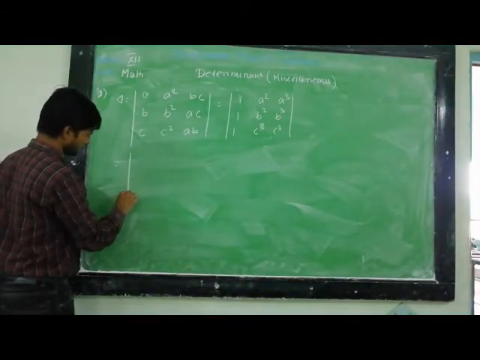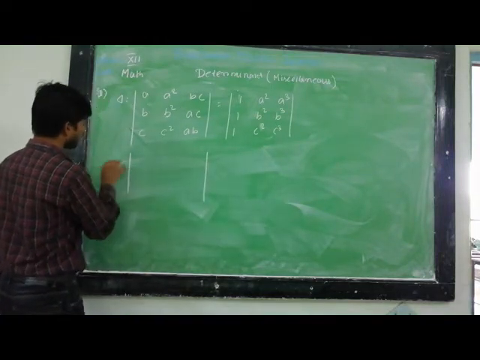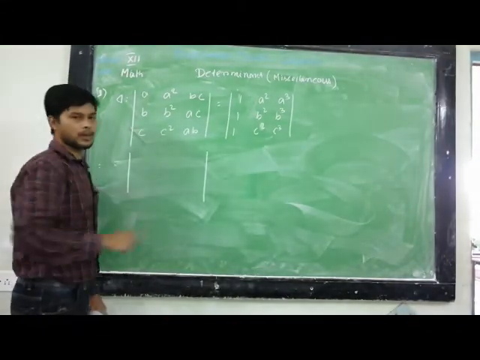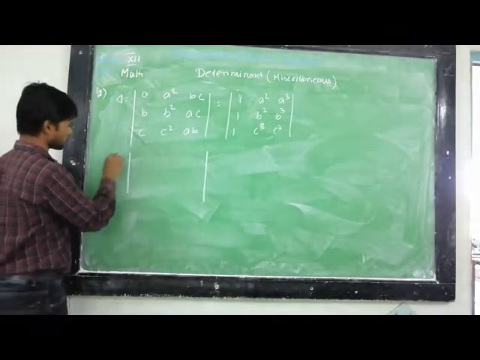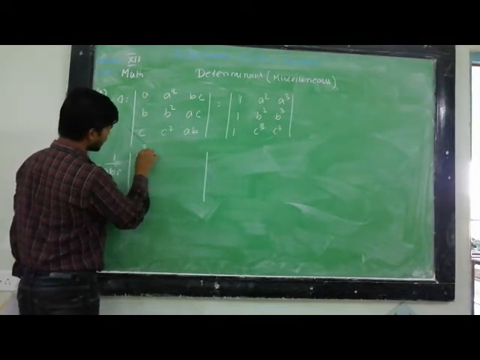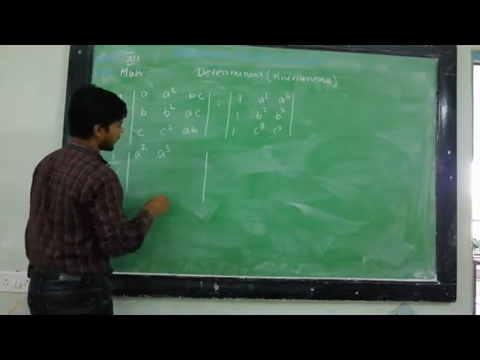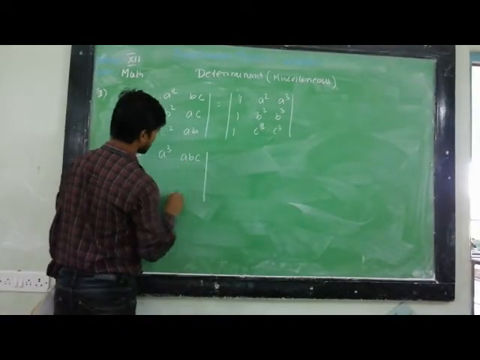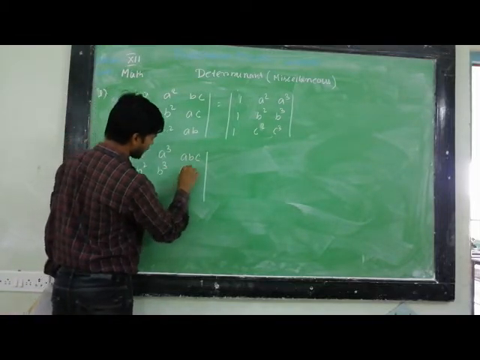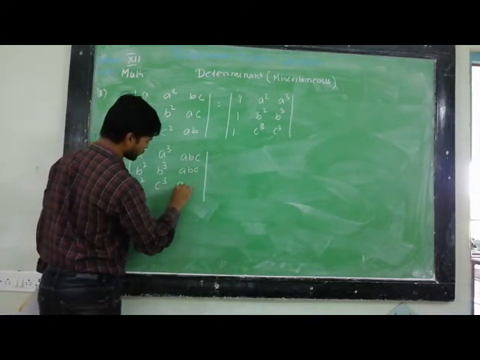Here we multiply the first row by a, second row by b, and third row by c. We have 1 by abc into the determinant with first row a square, a cube, abc; the second row b square, b cube, abc; and third row c square, c cube, abc.